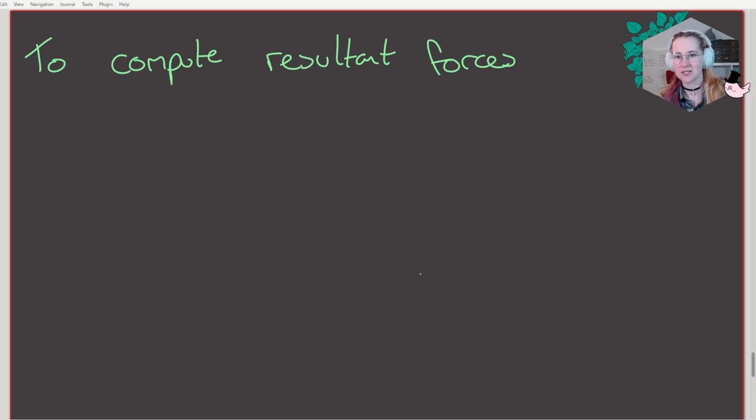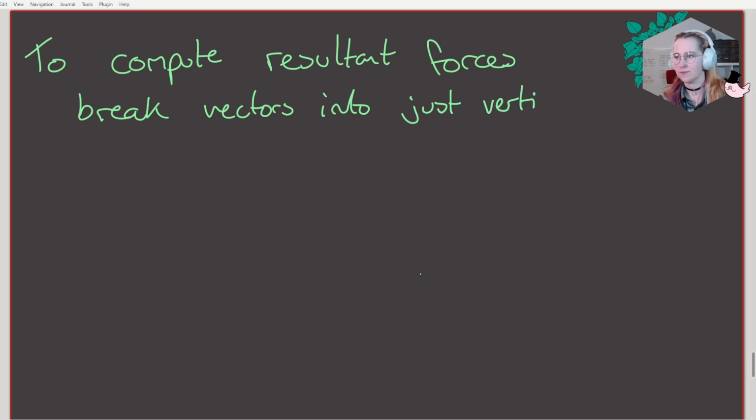To compute resultant forces, you want to break it down into the vertical and horizontal components.